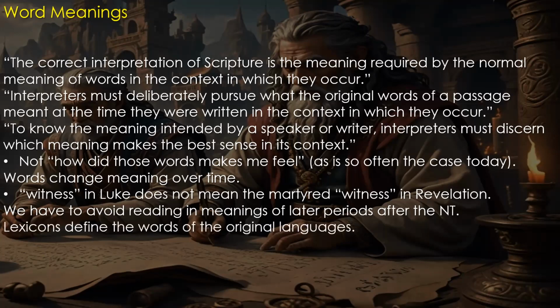Now, in our culture today, if you want to look up the meaning of a word, you would go to a dictionary. For biblical studies, the dictionaries are typically called lexicons. The lexicons are divided: there's a Greek lexicon, a Hebrew lexicon, and there might be a Hebrew and Aramaic lexicon.